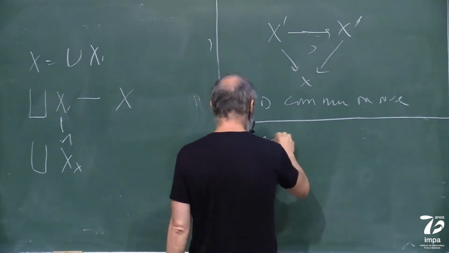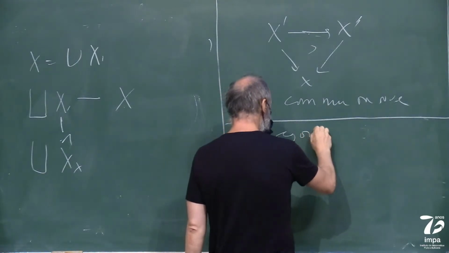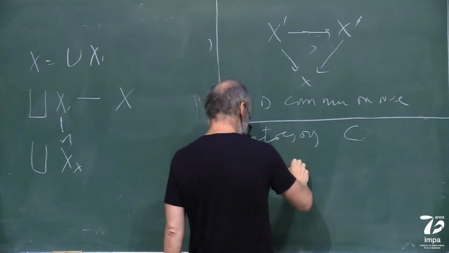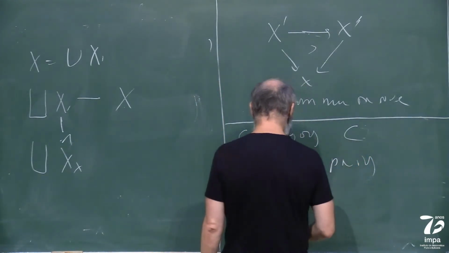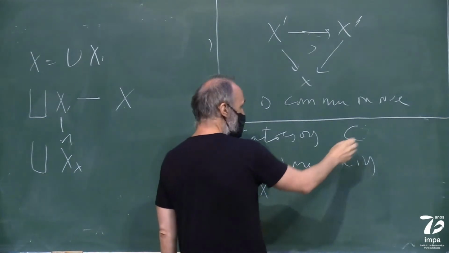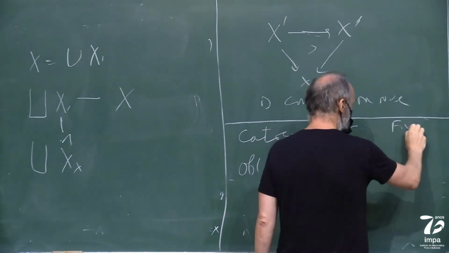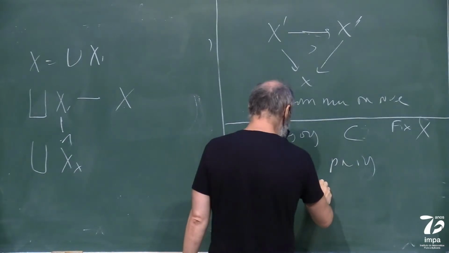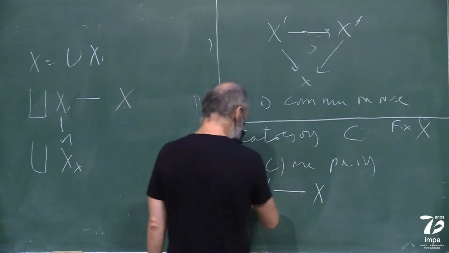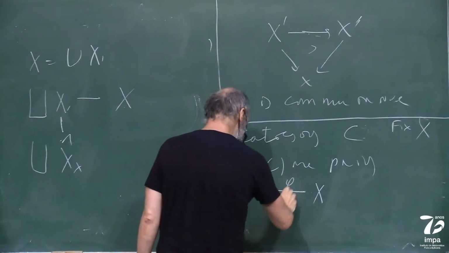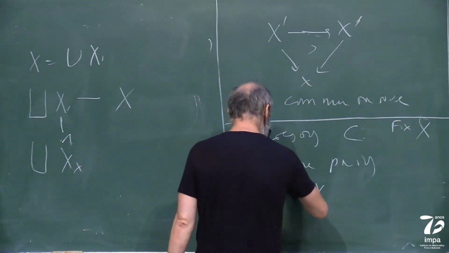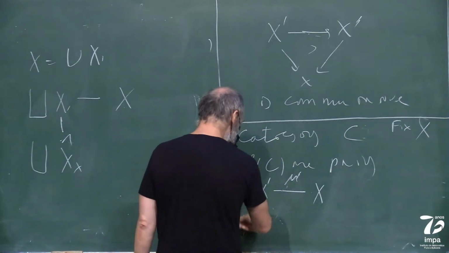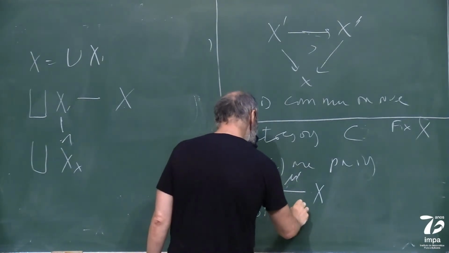Okay, and in fact, everything can be made even more functorial, more categorical, if we define a category. Define category C whose objects are pairs: fix x, an affine variety. Objects are pairs x prime, mu prime, where mu prime from x prime to x is a morphism which is birational and finite.